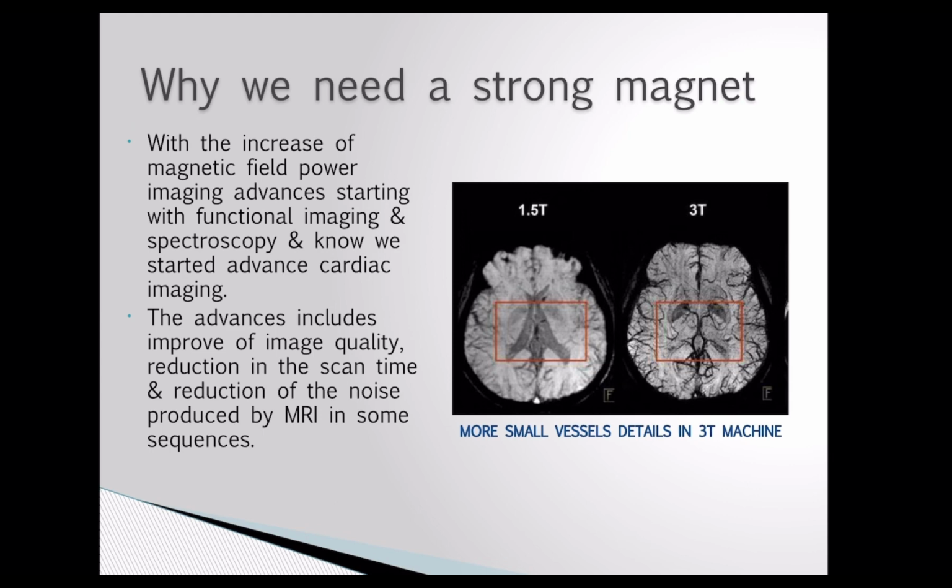Here is an example of the SWI sequence at 1.5 Tesla and 3 Tesla. You can see at 3 Tesla we get more small vessel details. So the more magnetic field power, the more details you get.